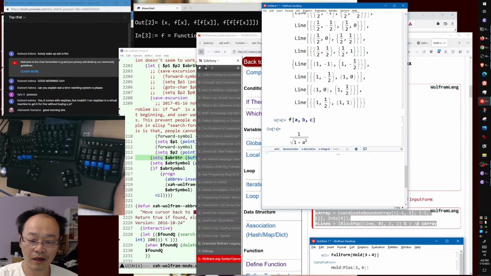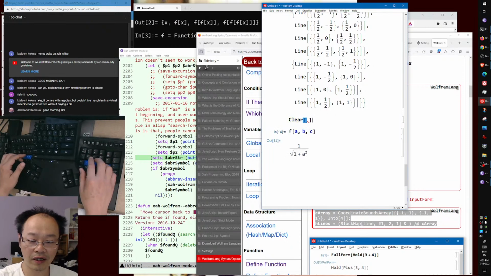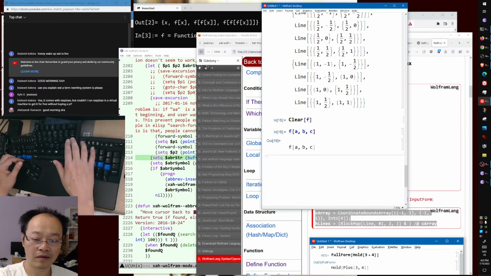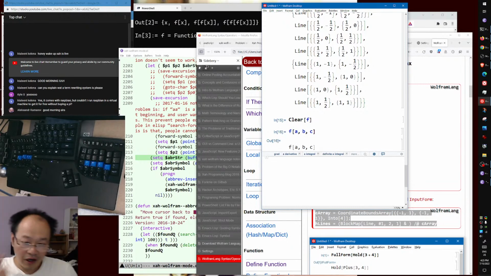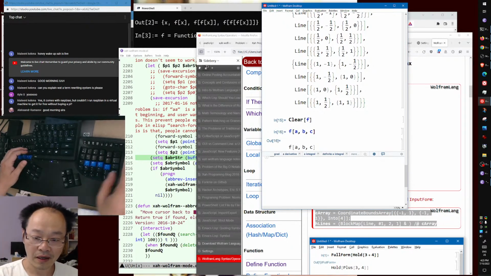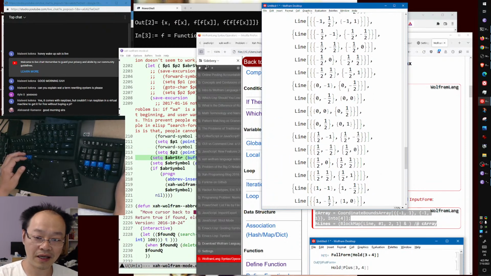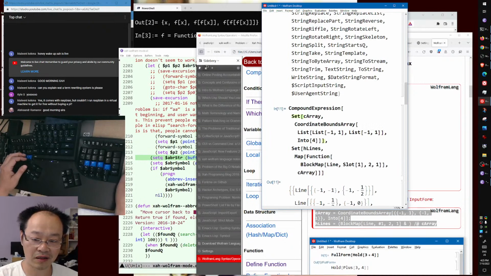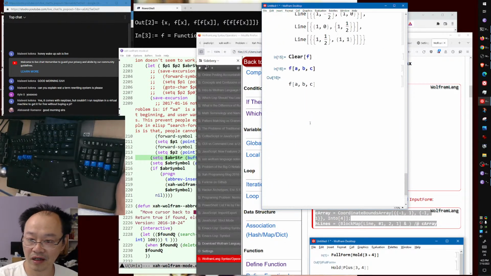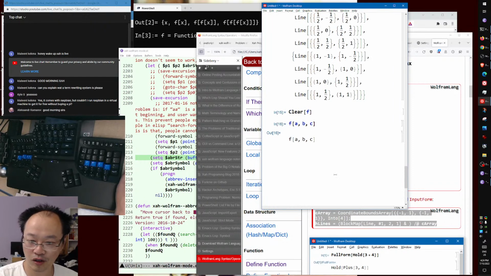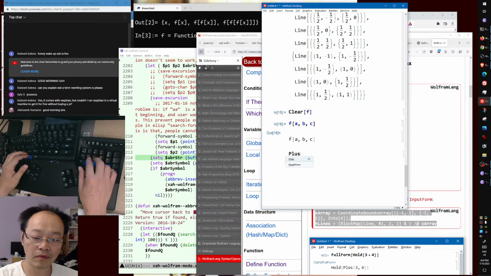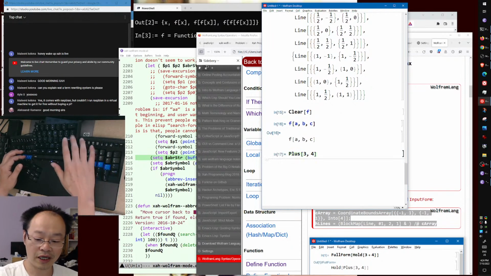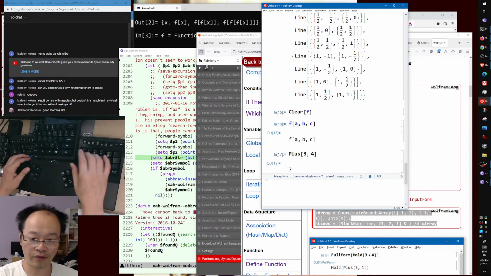We defined f before, so we want to clear f. So now we clear f, f[a, b, c]. Everything is in this form, right? However, because then your source code is going to be lots of this nesting, hard to read, many of the commonly used functions have a shortcut. For example, Plus[3, 4]. That's the full syntax, called full form.